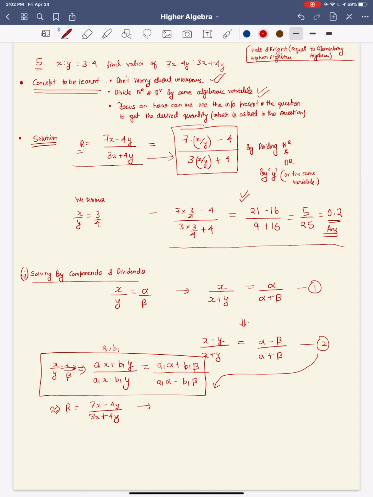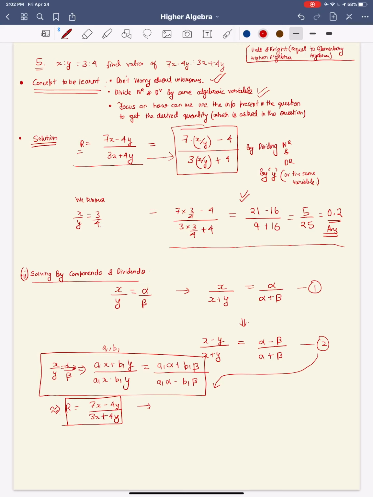So now I'll solve this problem using componendo and dividendo. So if the ratio r is 7x minus 4y over 3x plus 4y, we can apply formula 2 to this ratio in order to get some simplified expression on the right hand side of our equation.